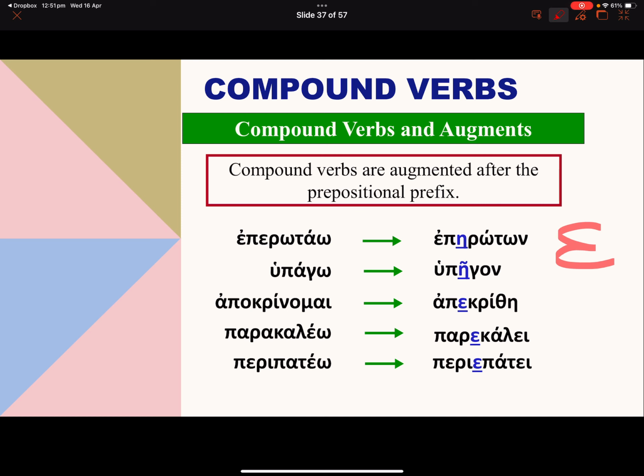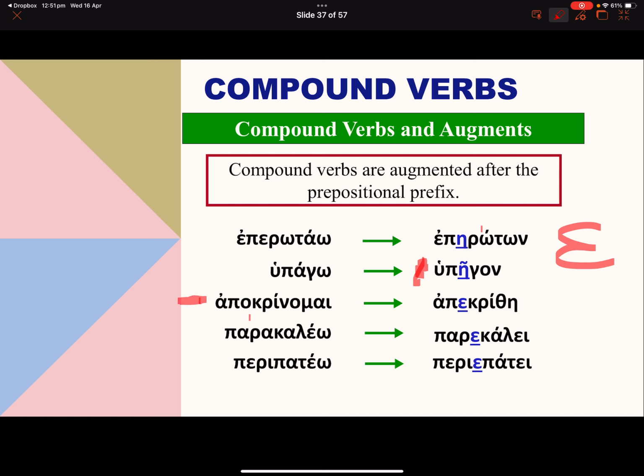But instead of seeing that augment at the very start of the word, the epsilon actually goes in front of the verb itself. So not in front of the preposition, but in front of the verb itself.